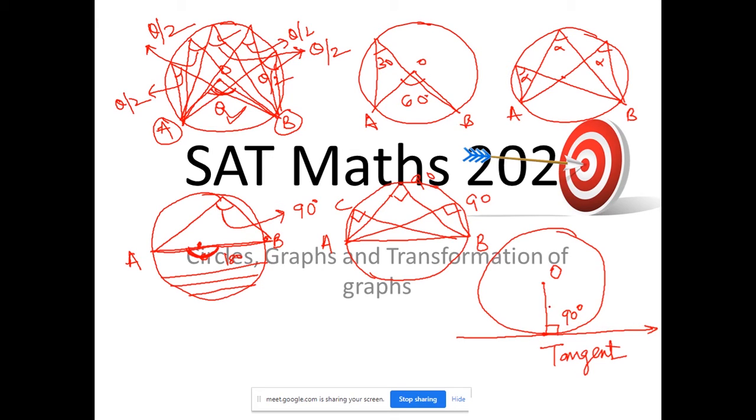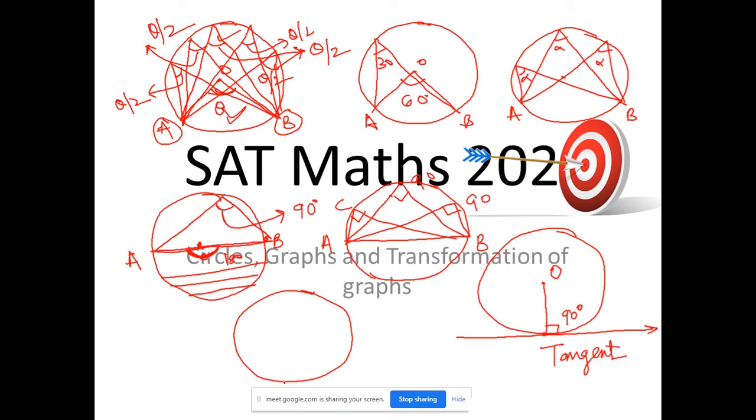Right? So a tangent is a line that makes an angle of 90 degrees when it is connected with the center of the circle. Okay. So it is a line which touches the circle exactly at one point.